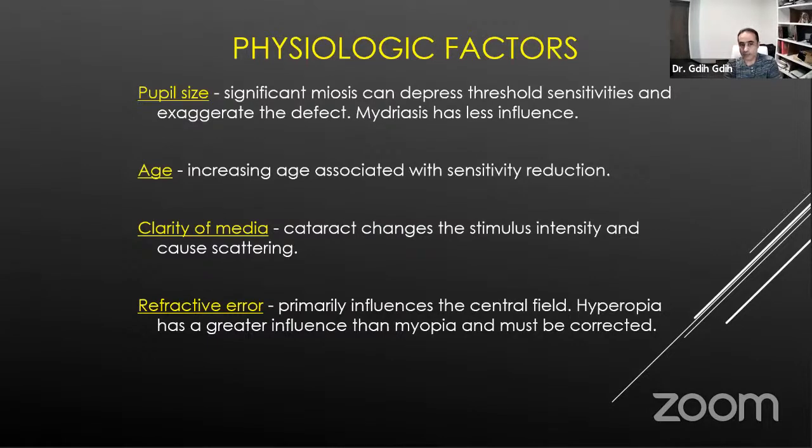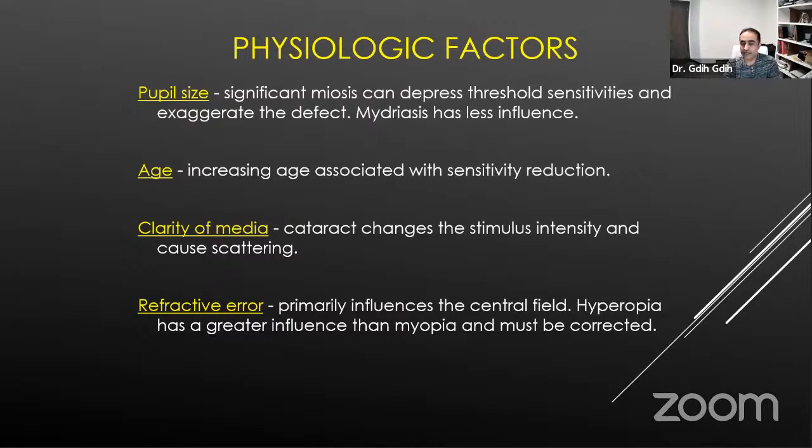But the small pupil has more bad effect on the results than mydriasis. So we want the pupil not to be less than 2 millimeters in size, and you don't want it to be more than 6 millimeters in size when you do a visual field test.